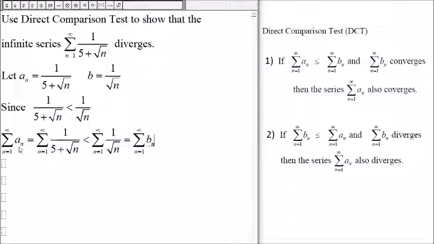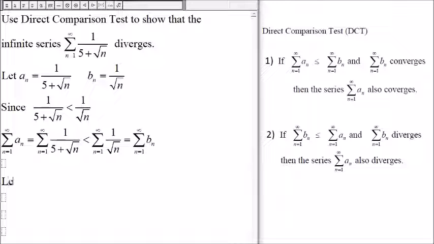And here we have a sub n is less than b sub n. So this b sub n is not going to work if we want to show that this series diverges. And so what we have to do is come up with another b sub n.